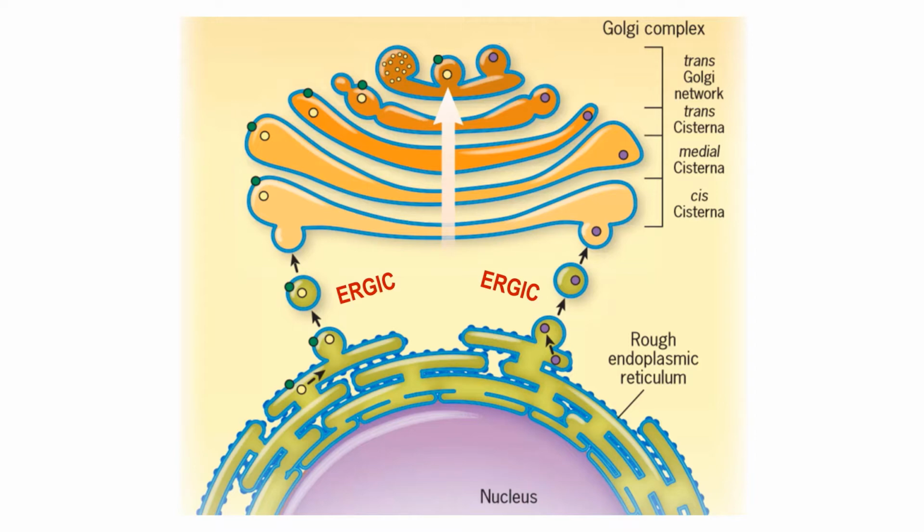That is a temporary compartment that brings the materials made from the ER to what we see here as the cisterna of the Golgi complex.